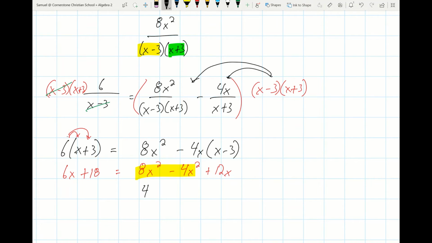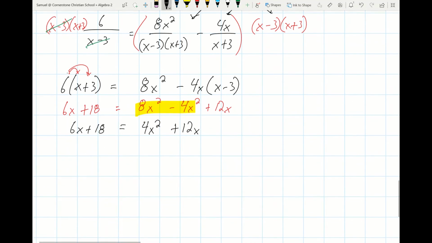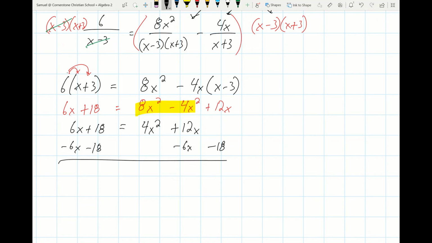So this is going to be 4x squared plus 12x, and again, this equals the same thing on the left. Move everything to the right side, subtract 6x, subtract 18. I end up with 0 on the left, and 4x squared plus 6x minus 18.